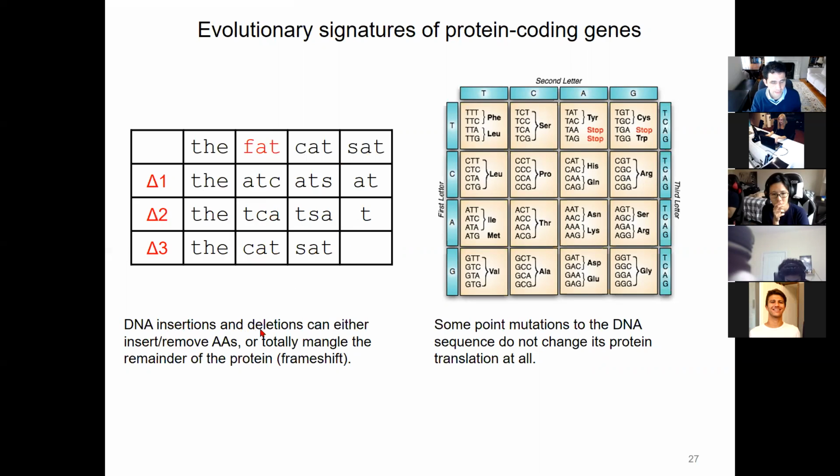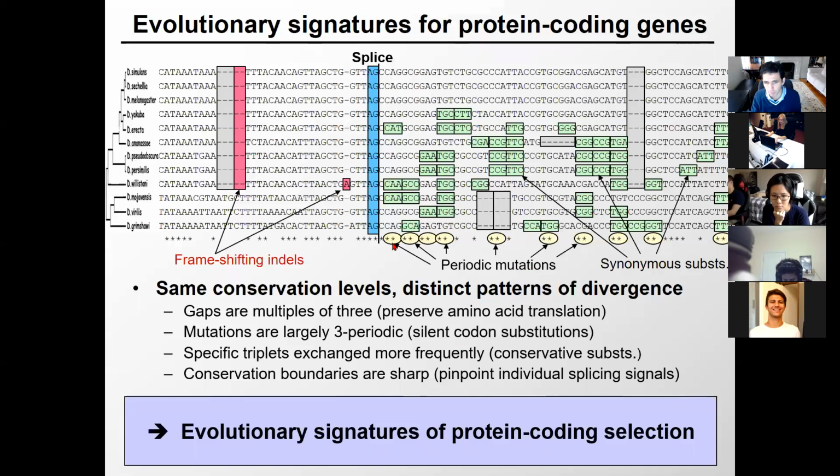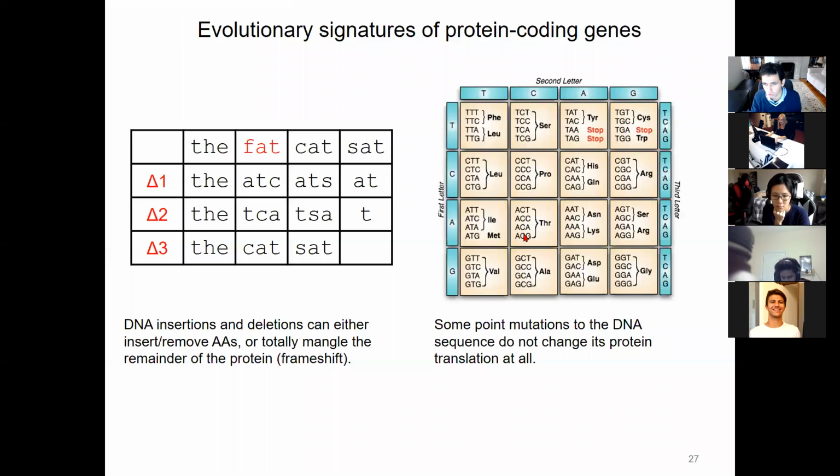So the insertions and deletions that mangle the remainder of the protein are causing a frame shift, and therefore they're very strongly excluded within protein coding regions. Similarly, for this bang, bang, poof pattern, for this conserve, conserve, not conserve pattern, you can see that the first two nucleotides are sufficient to specify the translation of any of these four codons into the same amino acid.